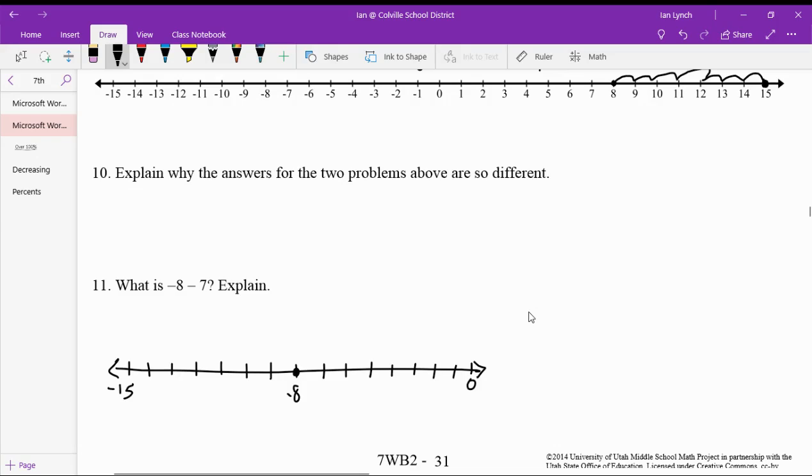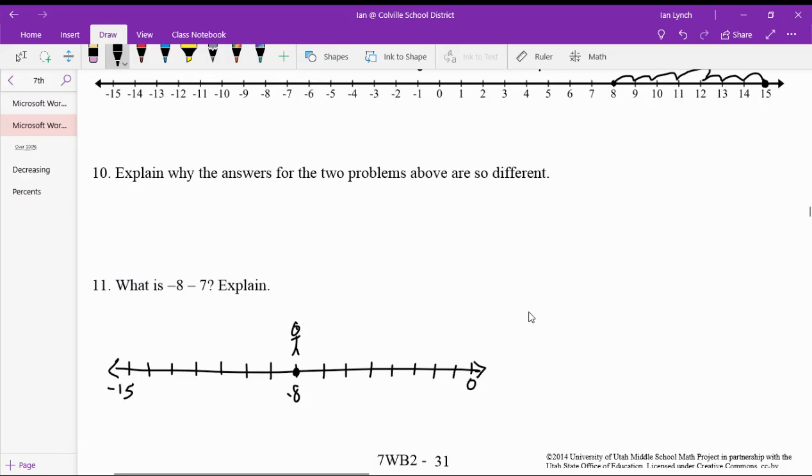So we start at negative 8, and we're facing the positive direction. Now before I finish this, I want you guys to pause the video and think to yourself, okay, let's draw this out and let's see what happens. And then check your answer and see if it's right.